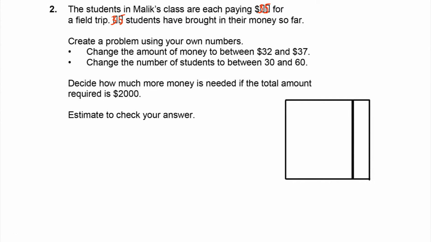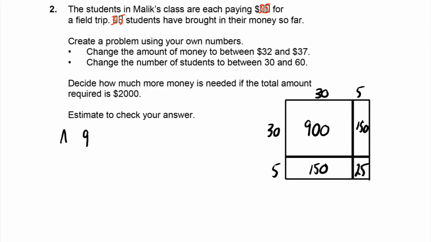I'm going to create a model that's 35 by 35. Again, the exact dimensions don't matter. This is 30, that's 5. This will also be 30 and also 5. 30 times 30 is 900. 30 times 5 is 150. Same for here, and then 5 times 5 is 25. And now we need to add up the total.